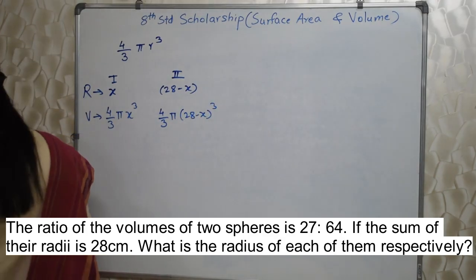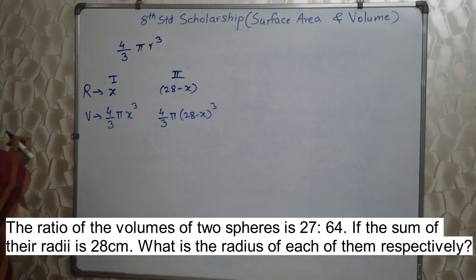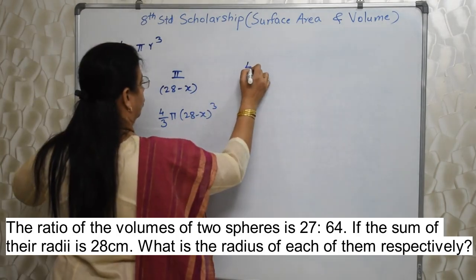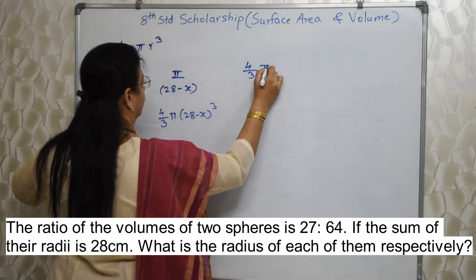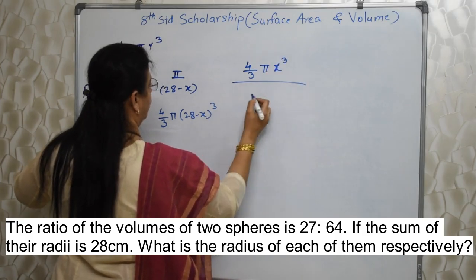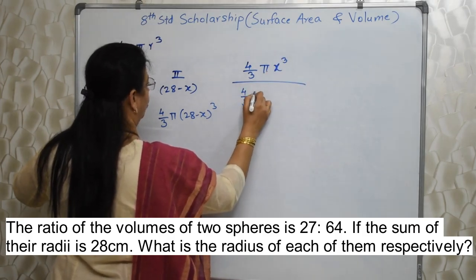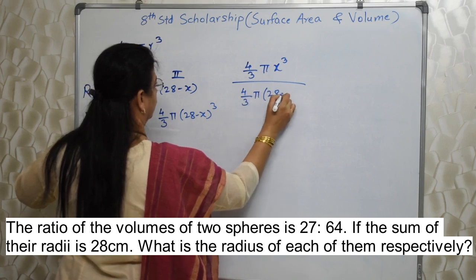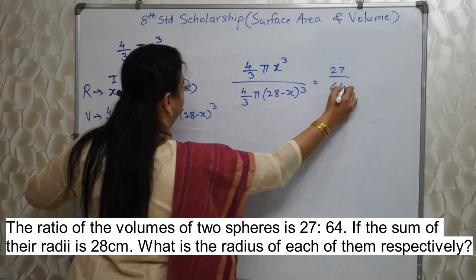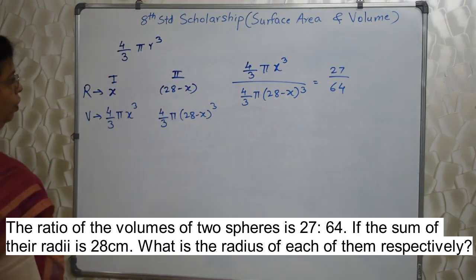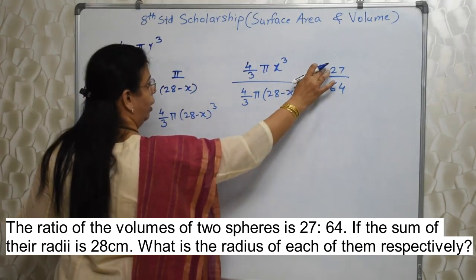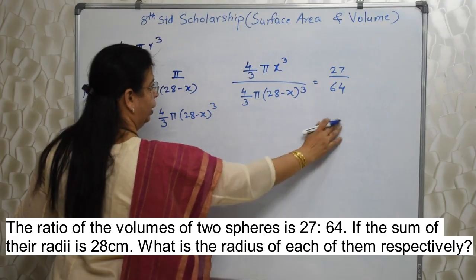Now they have given the ratio 27:64. We are assuming this as the smaller one. So ratio means upon. Volume of sphere 1 upon volume of sphere 2 is 27/64. That is what they have said. So we have written it like that.